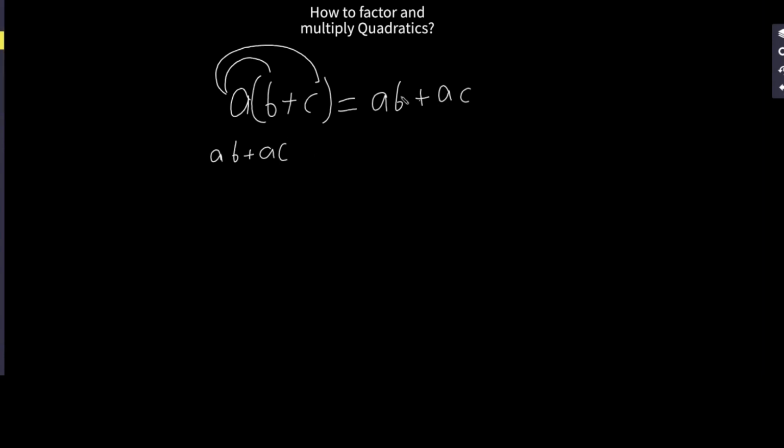We're starting at the opposite end, and instead of multiplying, we're basically just taking out this common factor of a. If we have a common factor of a, then we can take it out to make this equal to a times (b plus c).